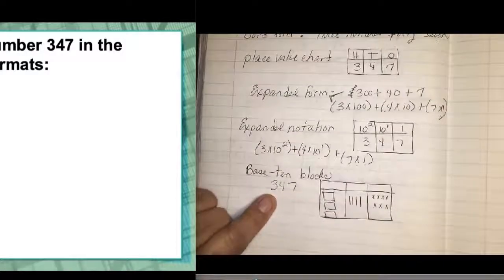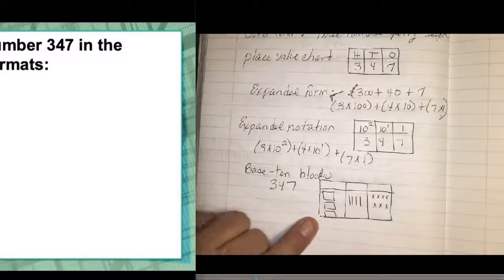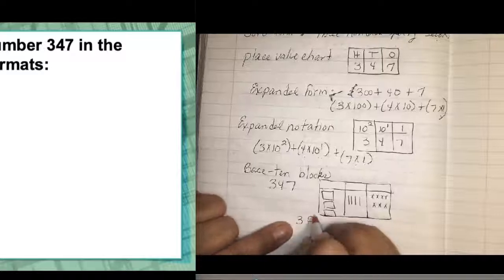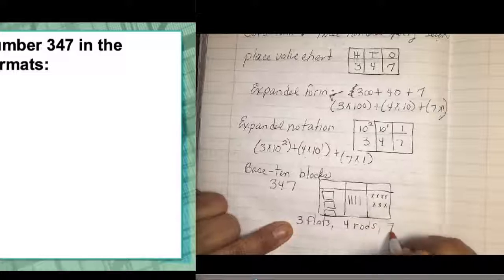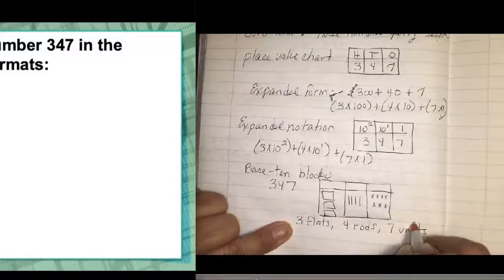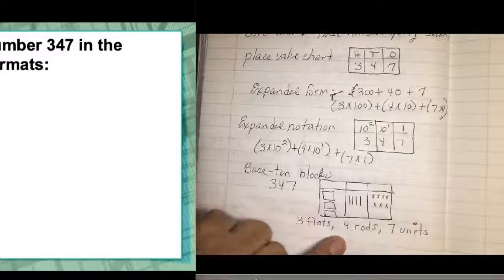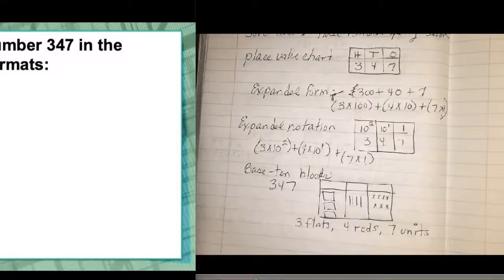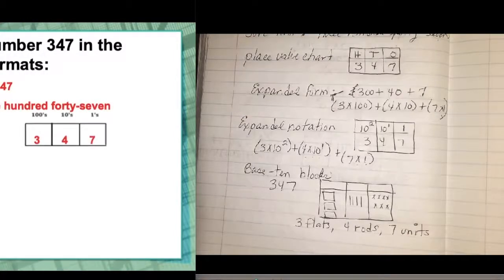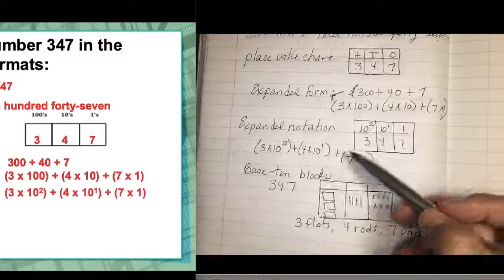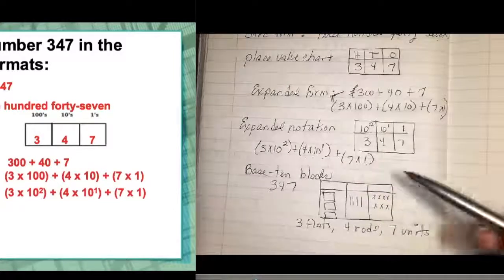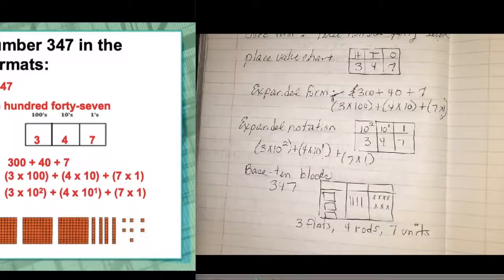We did a quick sketch using base 10 blocks in which we said we had 3 flats, 4 rods, and 7 units. And we just did a quick sketch of that.